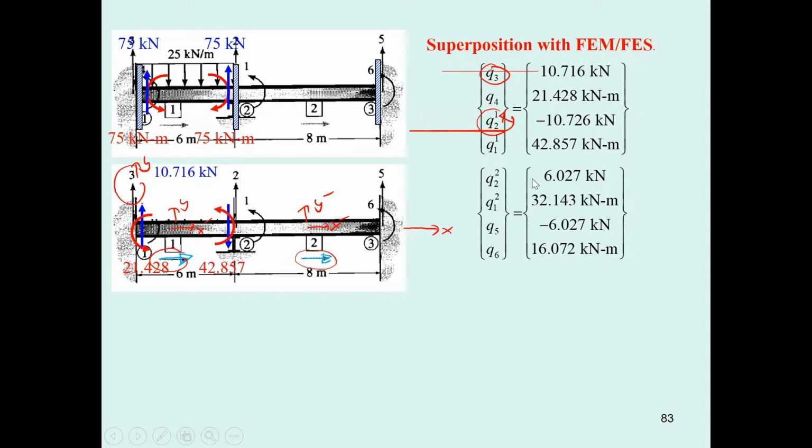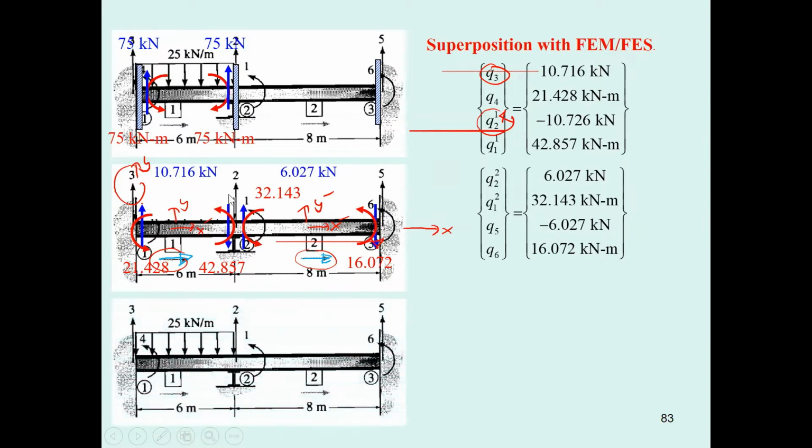And then for the second member, 6.027 and minus, this is going to be the minus. And then the moment 32.143 and 16.072. This occurs at the end of the member also. So you combine them together.